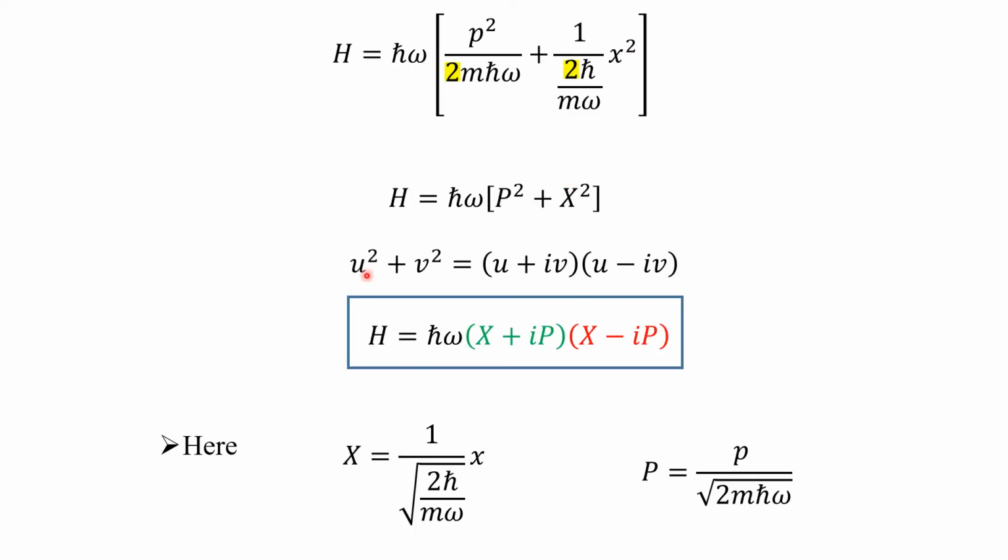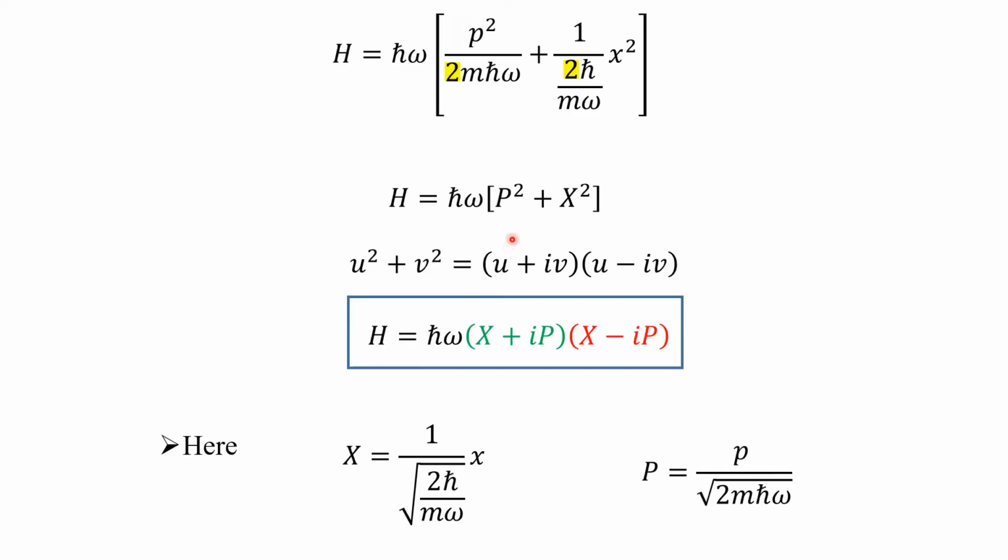We know very well that u squared plus v squared is equal to u plus iv into u minus iv. Here x is a real term, so I am going to keep the imaginary part for p. You know very well the momentum operator is minus i h cross del.